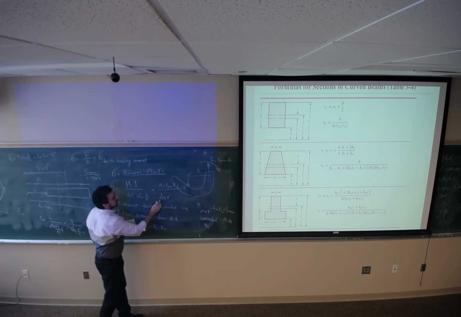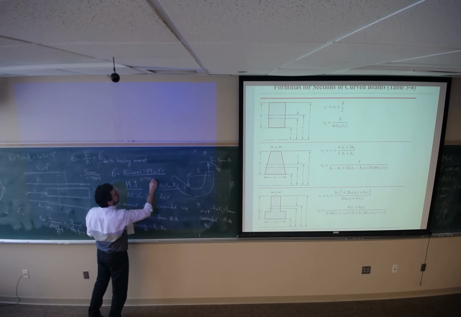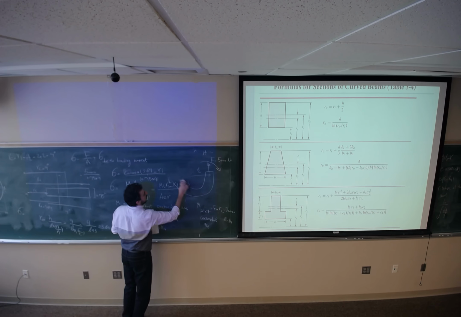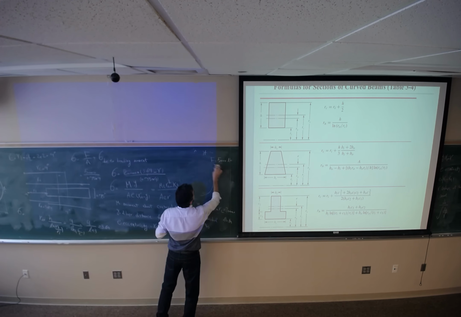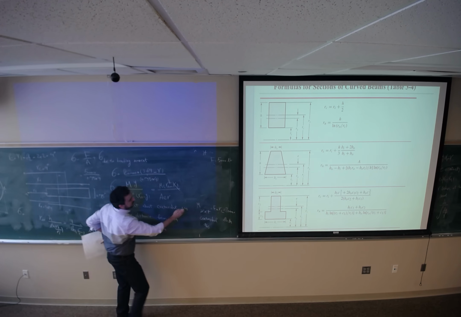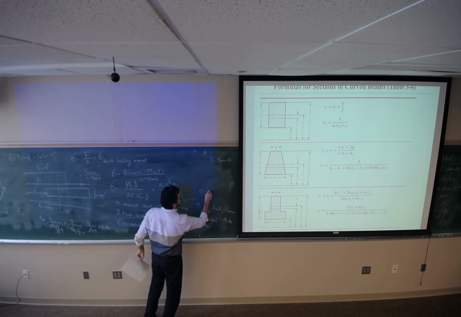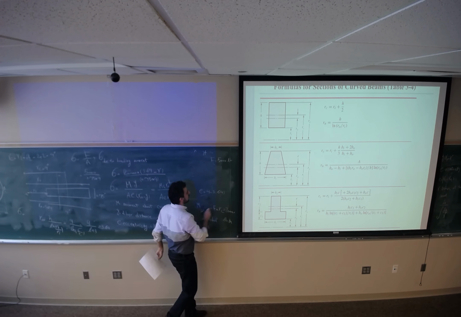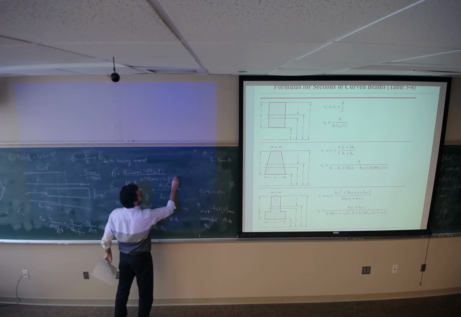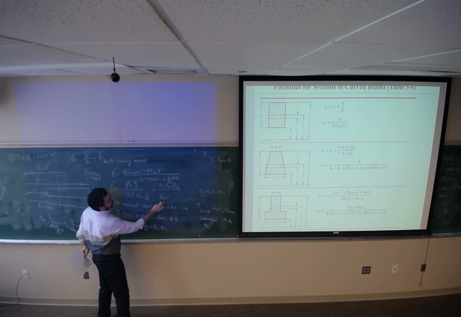Divided by A, the area, 0.75 times 4, times e. e is defined as Rc minus Rn, which is 4 minus 3.64, times R.